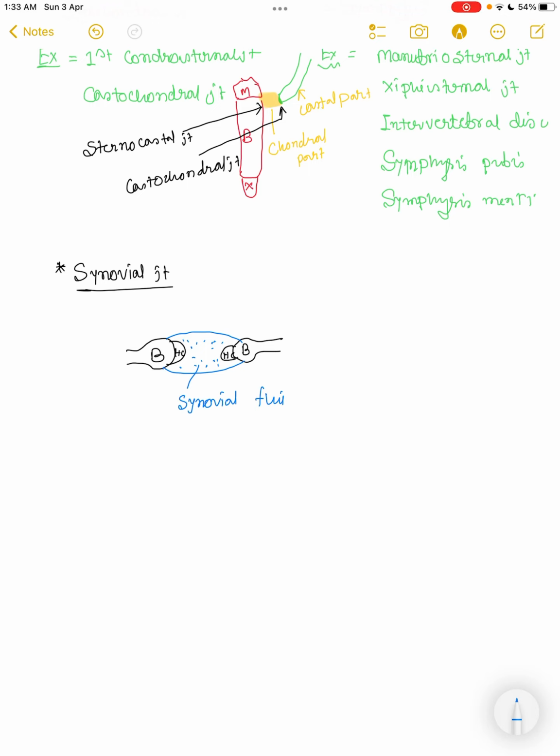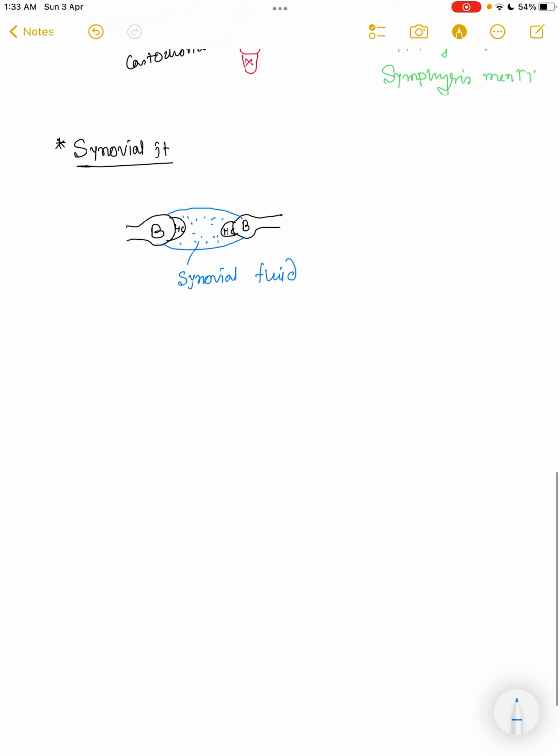And the examples are, firstly, number 1, the plane synovial joint.